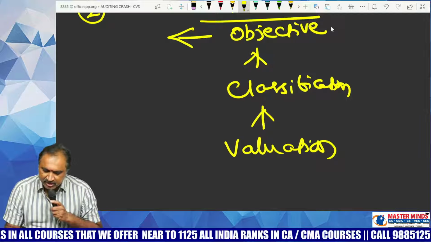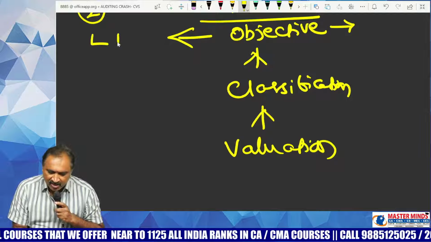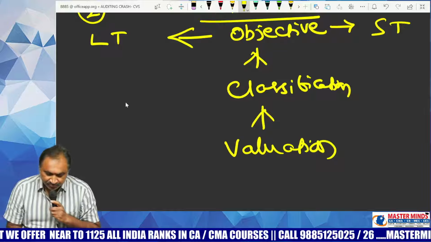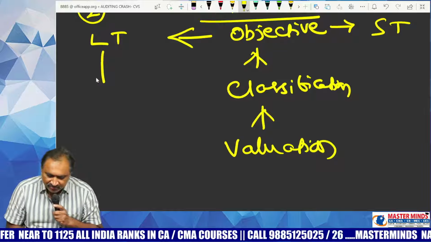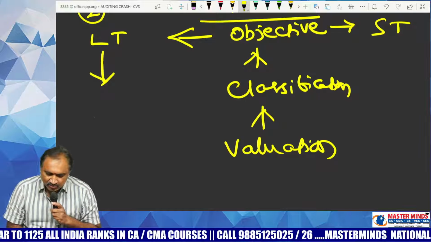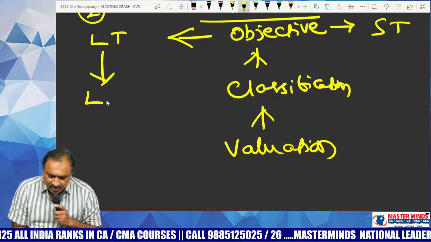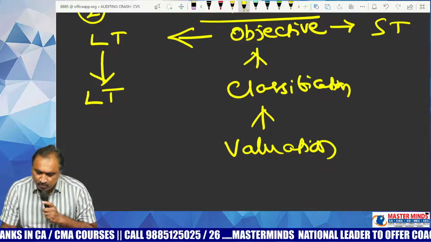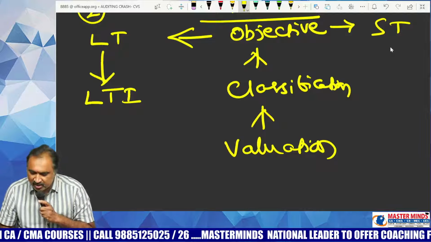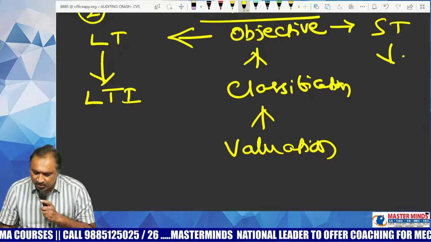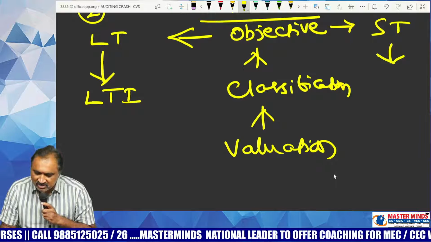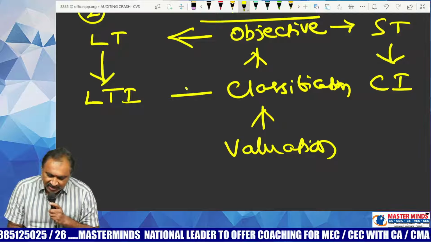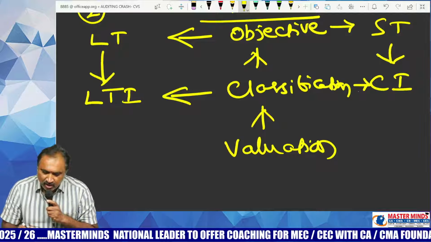Objective behind purchase of investment may be either a long-term objective or a short-term objective. If the objective is long-term, such investments shall be classified as long-term investments. If the objective was short-term, then such investments shall be classified as current investments. So, classification is dependent upon the objective.